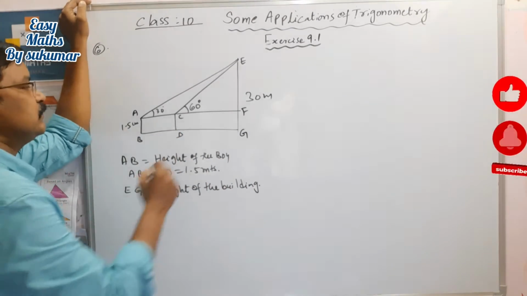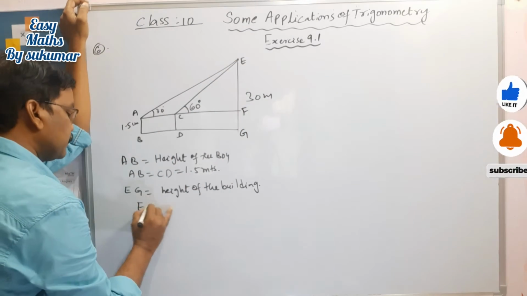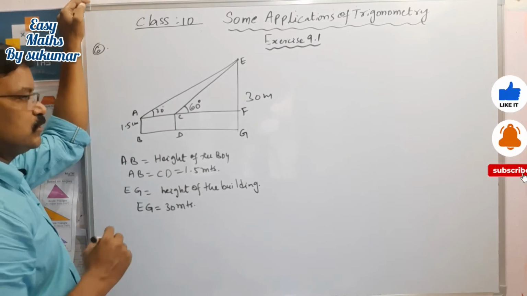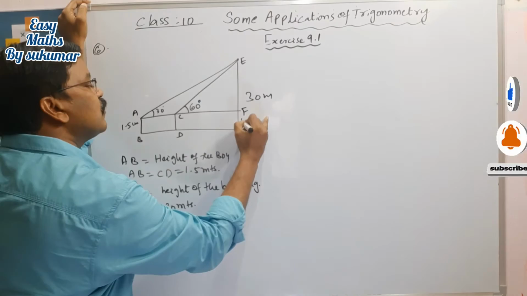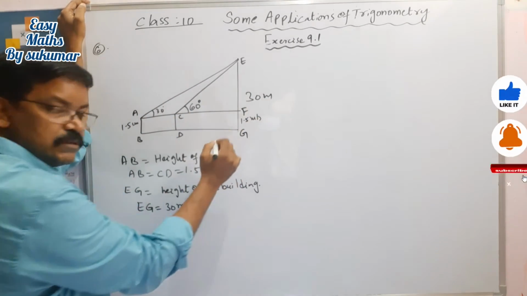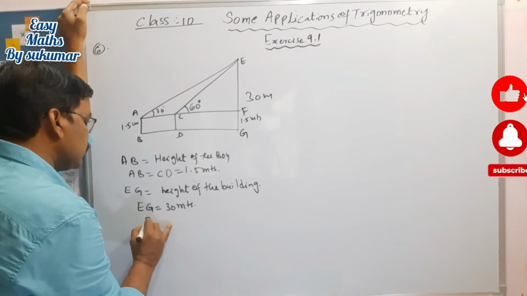Here this EG is 30 meters. The height of the building was given as 30 meters. But here this FG is 1.5 meters. This AB, CD and FG. So FG is 1.5 meters. What about EF?